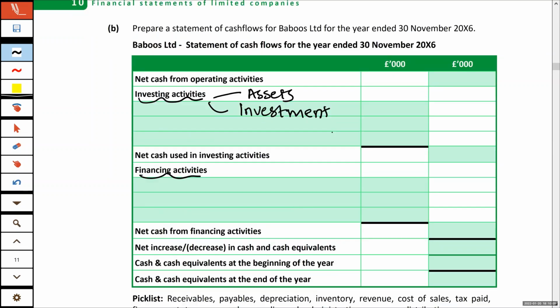What about financing, do you think? What does financing stand for? Yes, perfect. Financing is how is the business making their money? How are they getting any loans, any share issues?